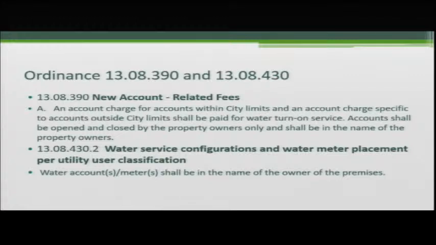These are the 2 items that changed in ordinance, and they both identify that any change to an account or any new accounts shall be in the name of the owners of the premises. So that means that if you're a property owner, the utility billing must be in the owner's name rather than a tenant, a relative, or an LLC, although an LLC could own a property, so it could be in their name as well.